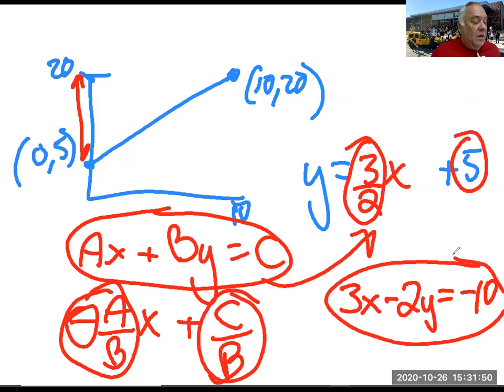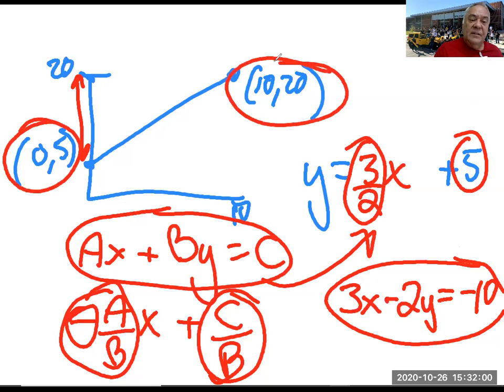You could have plugged in the numbers to any of the equations. Like you know the point (0, 5) exists, and you know the point (10, 20) exists. Plug it into each one of those equations. Let me just clear it out here. So you know (0, 5) was a point and (10, 20).